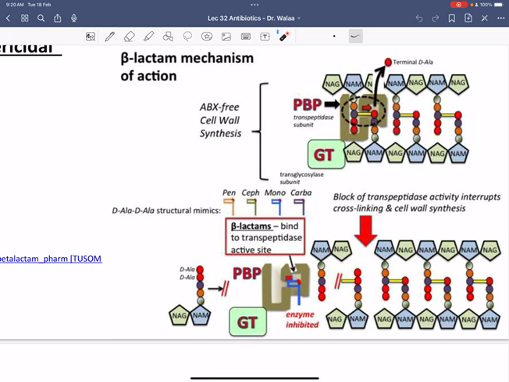When we talk about beta-lactams that cause cell wall inhibition, mostly they bind the transpeptidase active site, inhibiting the cell wall synthesis, inhibiting these bonds from forming in the bacterial cell wall. Okay.